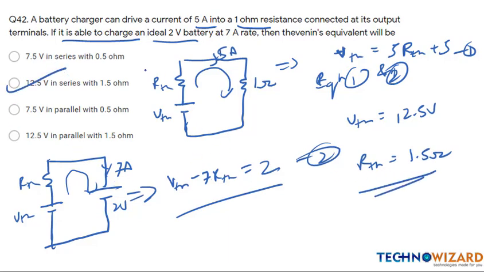Simply you have to draw the circuit VTH, RTH and the 1 ohm resistance, with 5 ampere current flowing through it, and secondly VTH, RTH and the 2 volt battery connected across it with 7 ampere current flowing through the battery. Now we have developed KVL equations from both the circuits and solved by substitution method. Simply VTH is equal to 12.5 volt and RTH is equal to 1.5 ohm, and always the Thevenin equivalent is connected in series. Therefore option B is the correct answer.